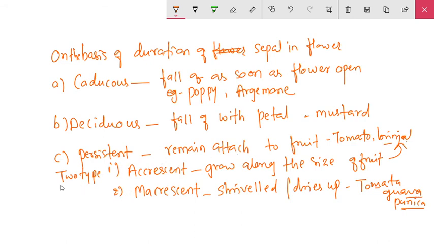The persistent again of two types, accrescent and macrescent. Accrescent means they grow along the size of the fruit. That is the example is the brinjal. Macrescent they get shriveled and they dry up. So tomato, guava and punica. म्हणजे डाळिंब. Guava म्हणजे पेरू and tomato. Okay. So these are the types on the basis of duration.